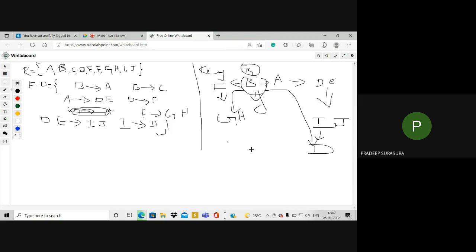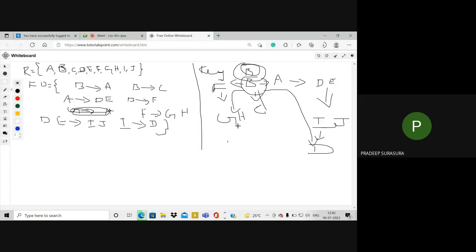The second normal form will not be a problem because whatever attributes are depending on B, directly depend on B. One table will most probably have all the attributes depending directly on B, so there will not be more of a problem. From B I can go to A, from A I can go to D, E, and from E to IJ, from IJ to D. The third normal form will be more crucial here.